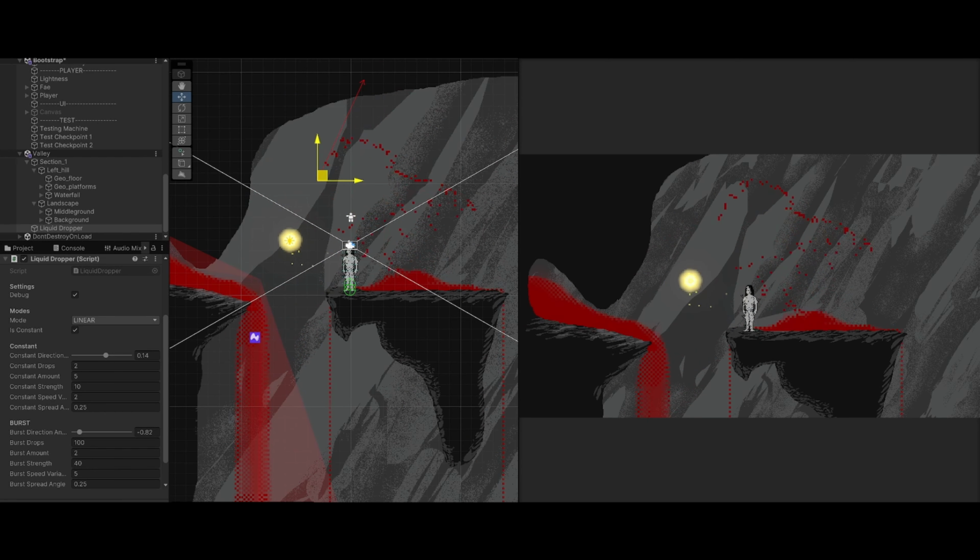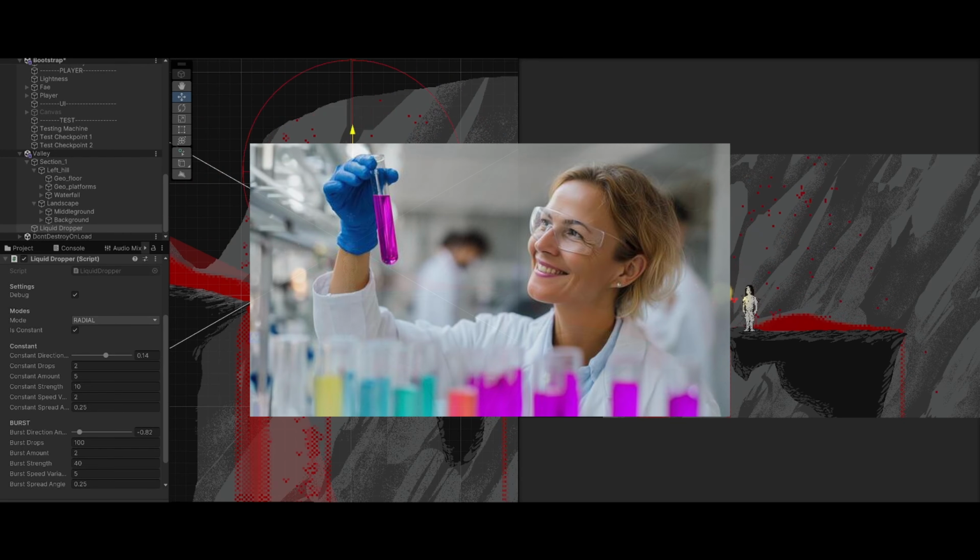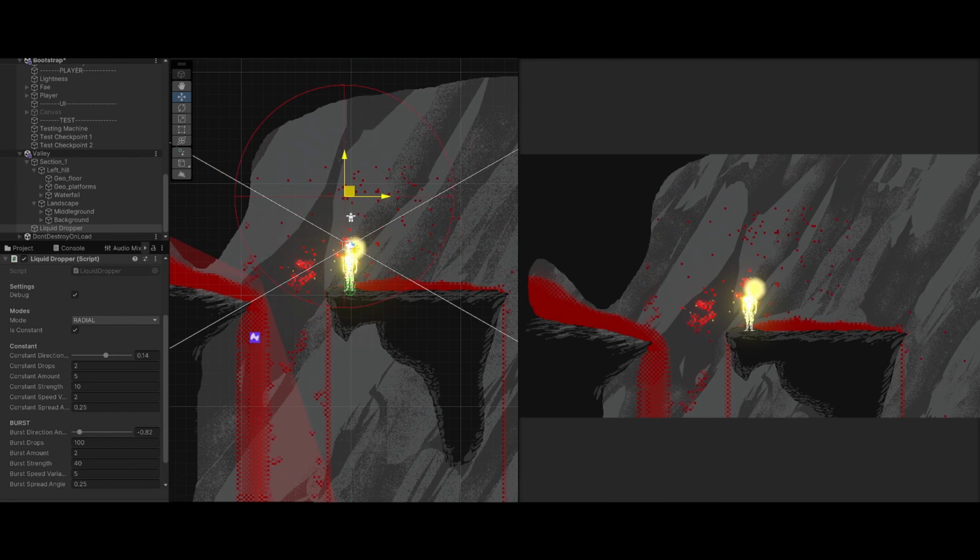Okay, so these are the implementations. We can, for example, use a radial, use it like this. So whenever the drops touch the ground, the walls, and the ceiling, they will convert into liquid because they need their own physics in order to act this way.